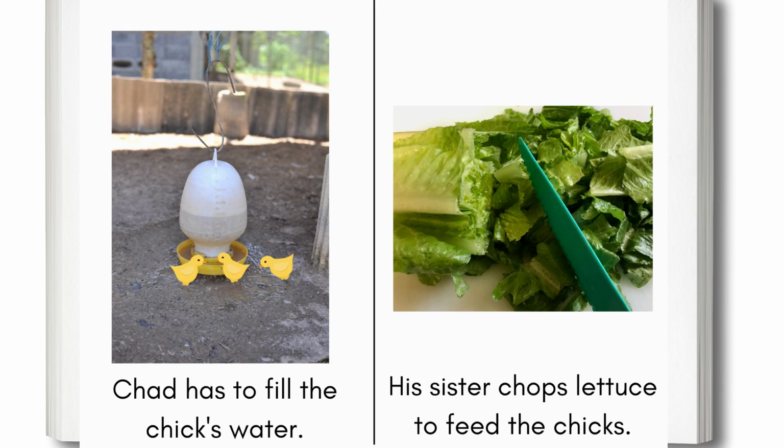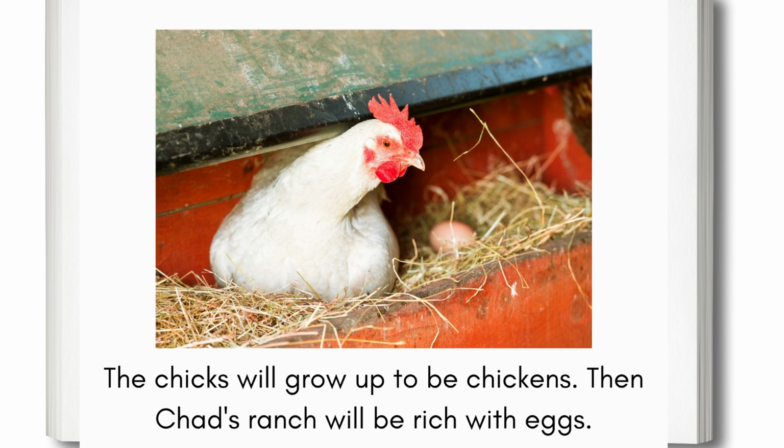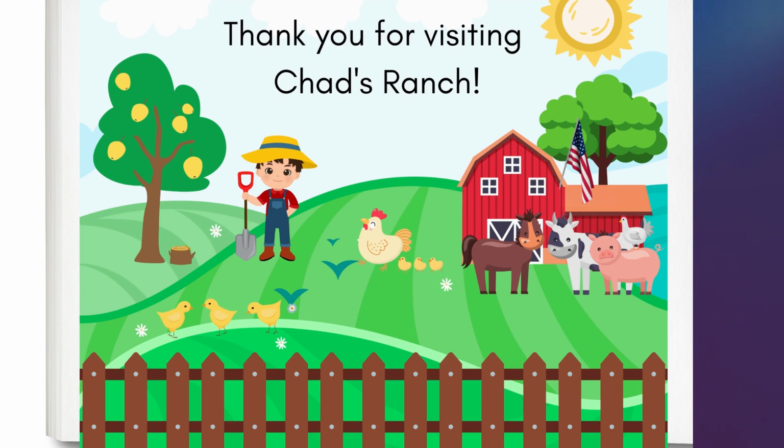Chad has to fill the chicks' water. His sister chops lettuce to feed the chicks. Chad has to chip in around the farm even when it rains. The chicks will grow up to be chickens. Then Chad's ranch will be rich with eggs. Thank you for visiting Chad's Ranch.